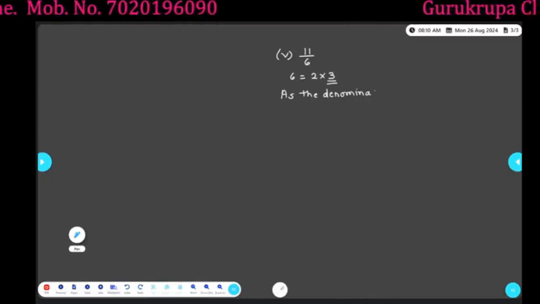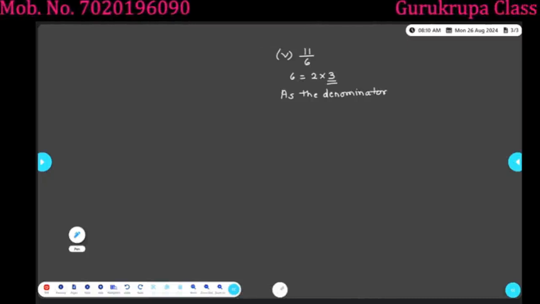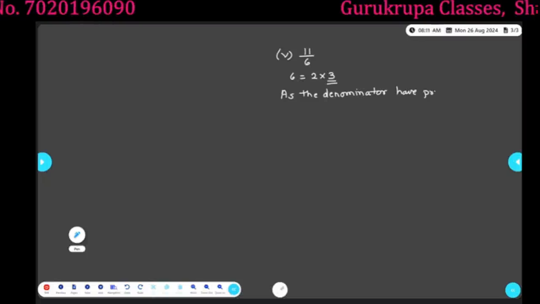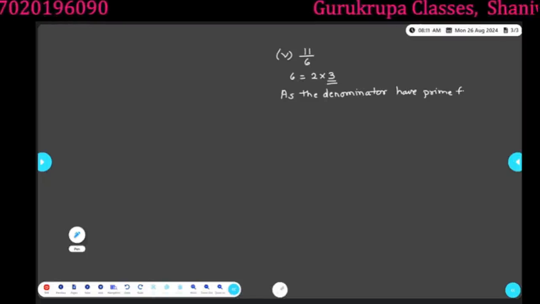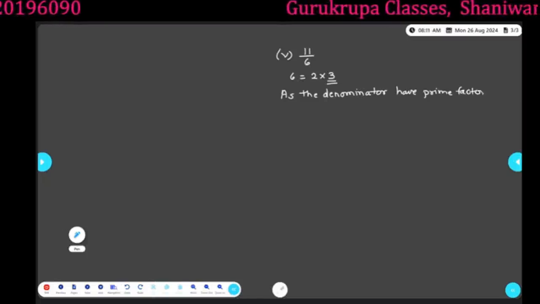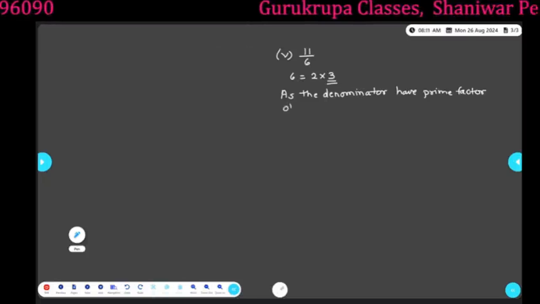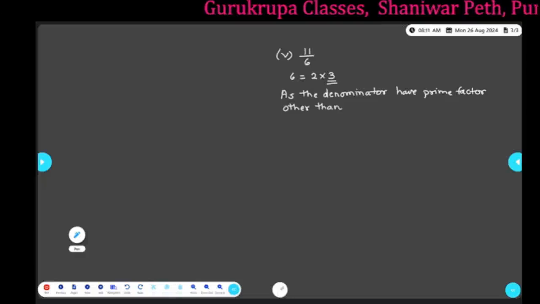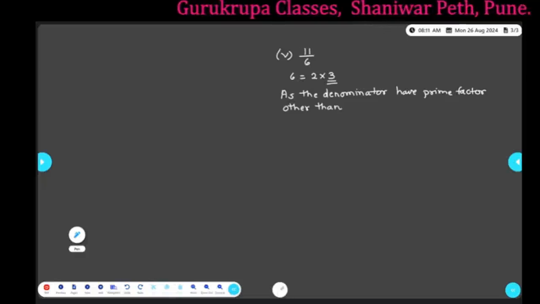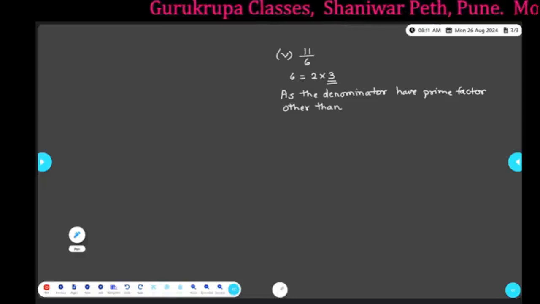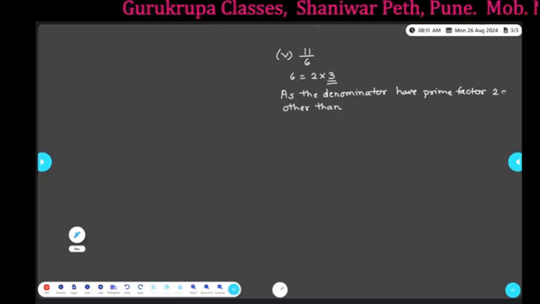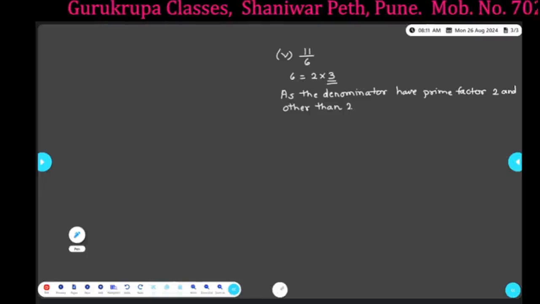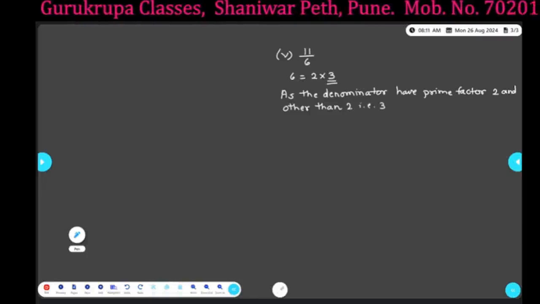The denominator has a prime factor other than 2, that is 3 here.